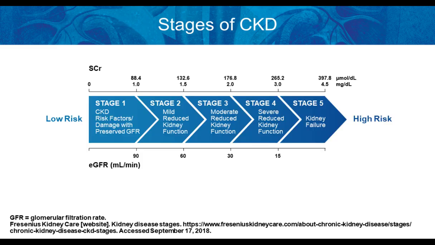There are, defined by the nephrology societies, certain stages of chronic kidney disease from stage 1 through stage 5, and this is defined by the estimated glomerular filtration rate, or eGFR. Those with an eGFR above 90 are stage 1, but once you get below 90, you move into stage 2, below 60, stage 3, below 30, stage 4, and once the eGFR is below 15, we're in stage 5 kidney failure.